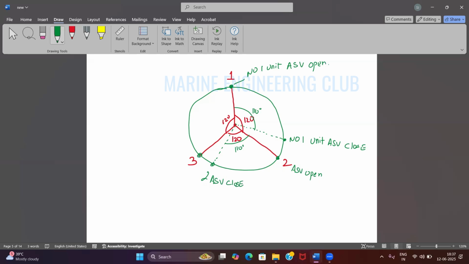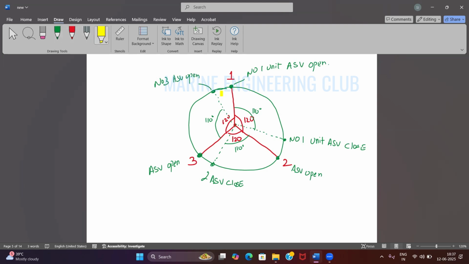Then number 3 will start from this position. Air starting valve opens, and it will go till 110 degrees after its TDC, and there number 3 air starting valve closes.